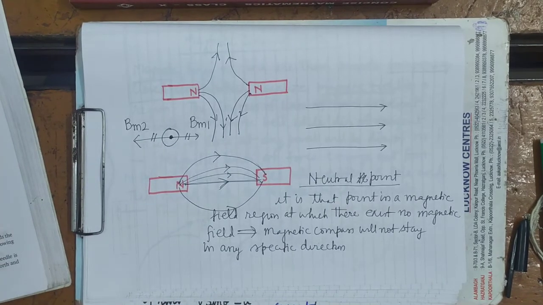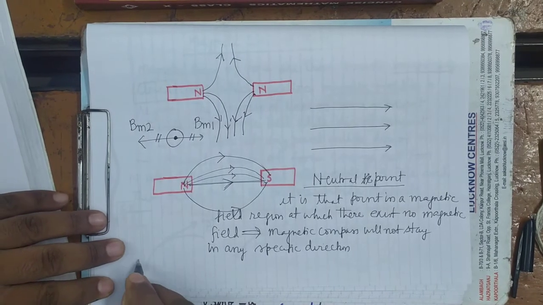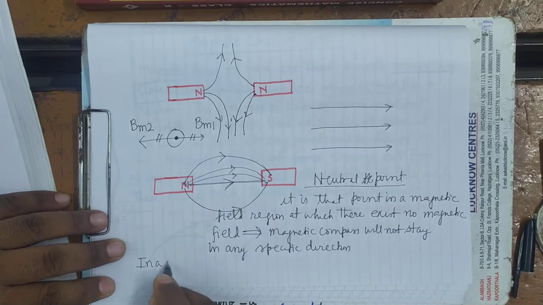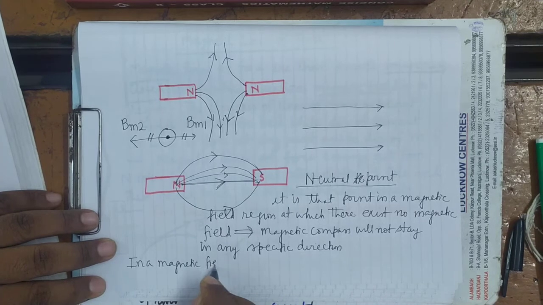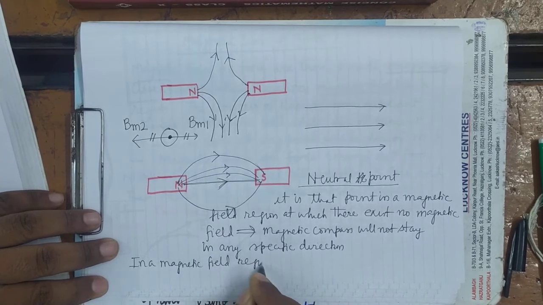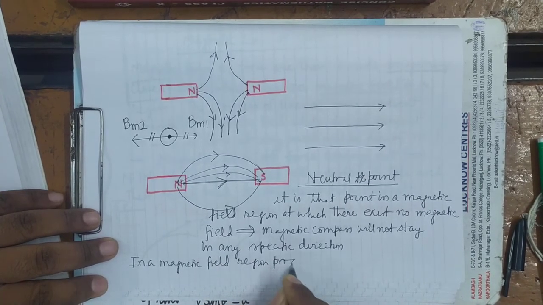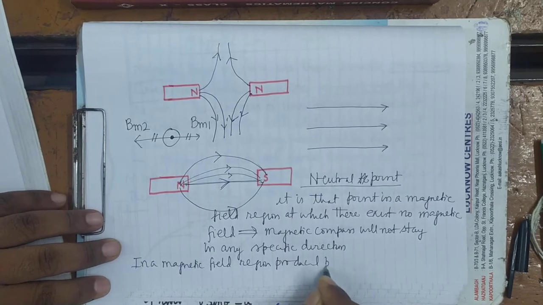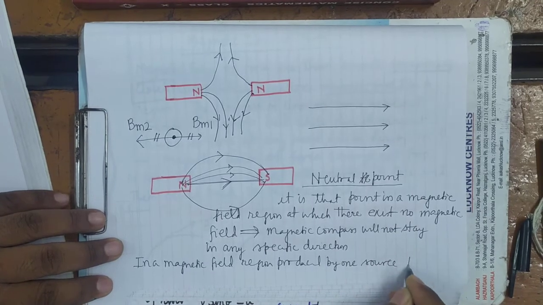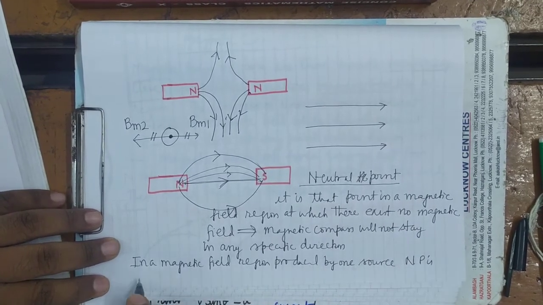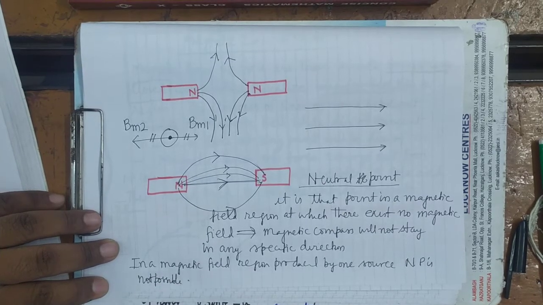It's clear. So we will remember that in a magnetic field region produced by one source, neutral points are not possible. It's clear.